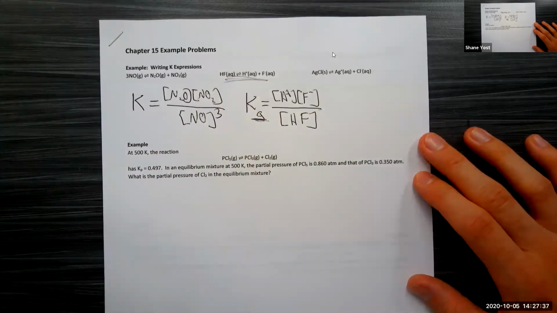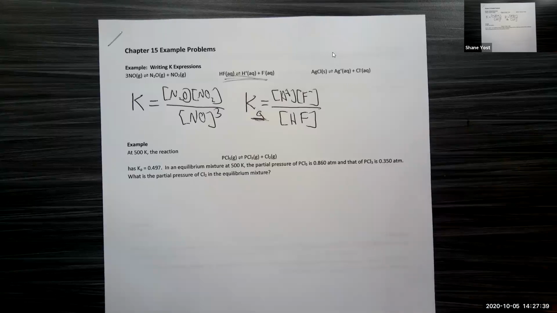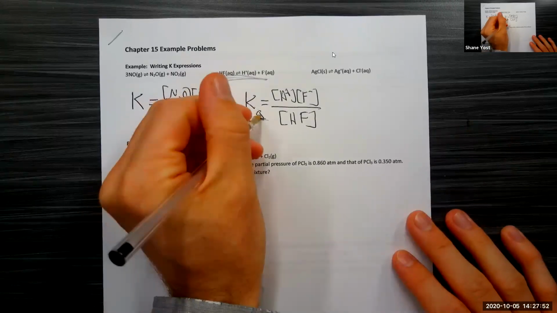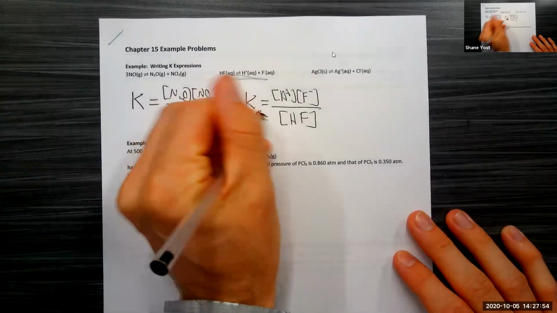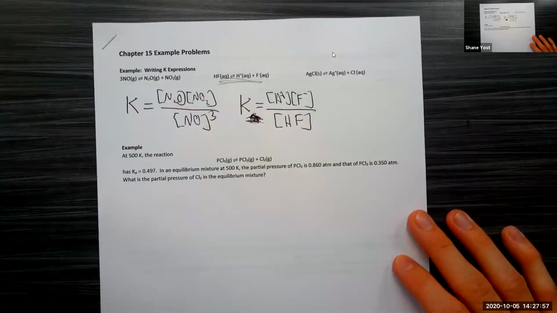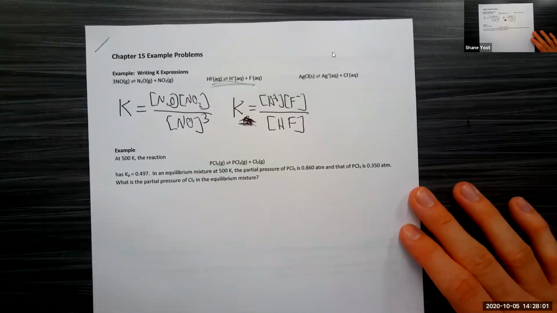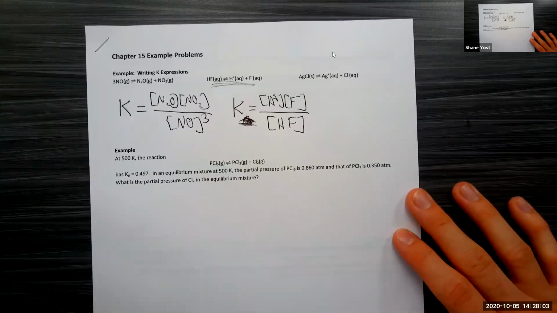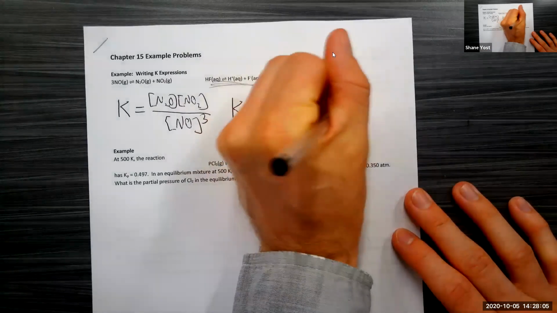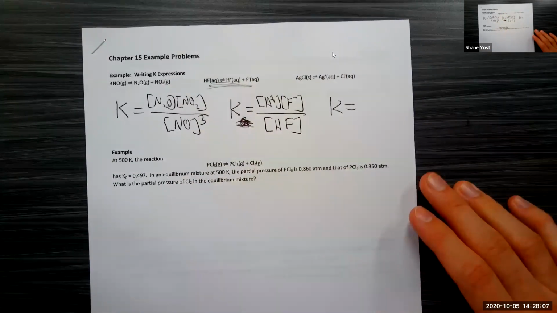I'm just pointing that out because I don't want people to get thrown off when we start writing Kas and Ksps and all this other stuff, because it's just talking about equilibrium reactions, specifically certain types of equilibrium reactions. That's what these subscripts indicate. For now I'm going to push that aside, just giving you a heads up as we get there in future chapters. All right, and then this final expression here, the equilibrium constant, is going to be what?